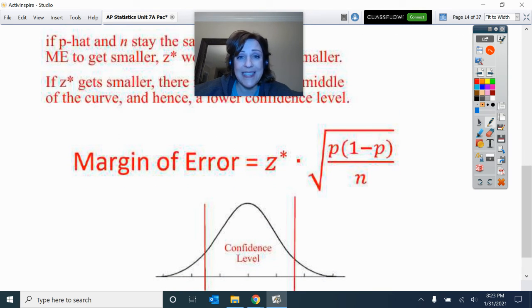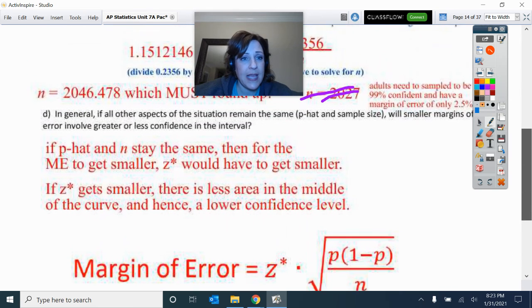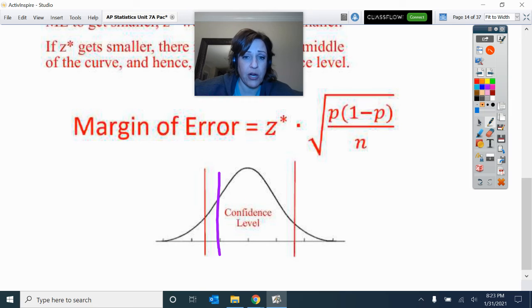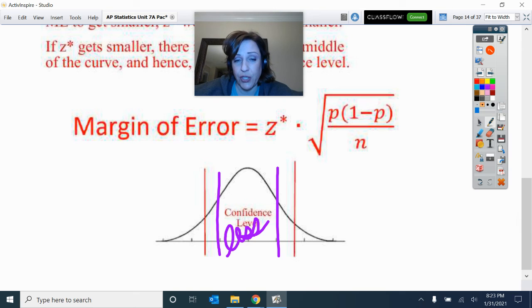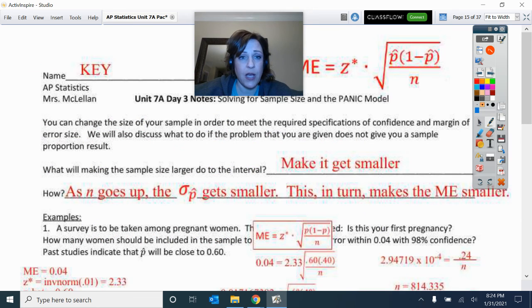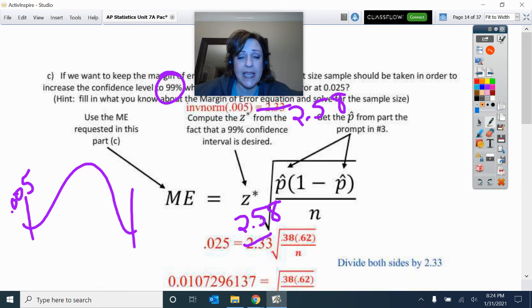If everything else stays the same, then a smaller margin of error is going to be less confidence, because that's a smaller z star. So the z star gets smaller, and hence that lowers the confidence level. All right, so there's that. And again, I will fix this number on the answer key that I post online for you.